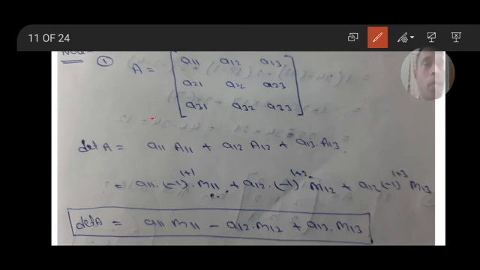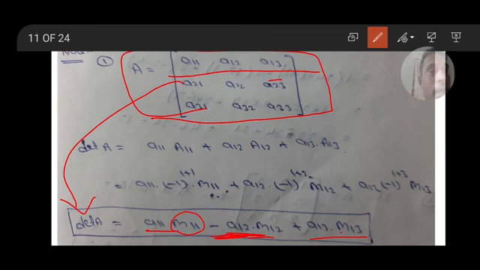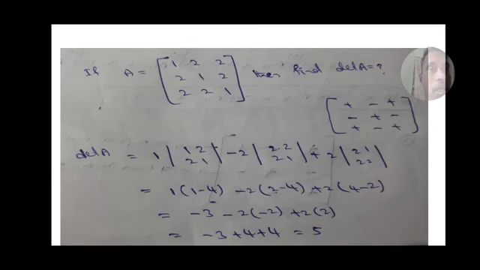Det A for the matrix a11, a12, a13, a21, a22, a23, a31, a32, a33 is, taking the first row elements, a11 into minor minus a12 into minor plus a13 into minor. I will do the problems using that.